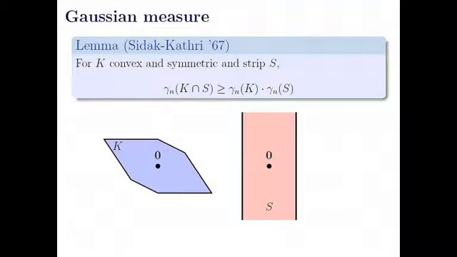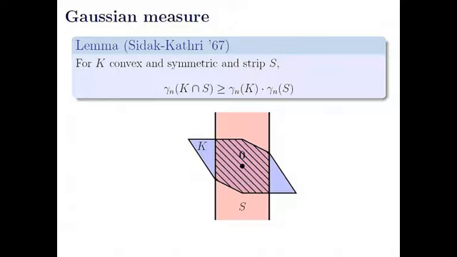Good. On the last slide I implicitly used a nice lemma by Šidák and Khatri, which goes as follows. Suppose you have two sets, K and S, and you know the Gaussian measure of both of them, and you want to estimate the Gaussian measure of the intersection of K and S. The good news is there's an easy lower bound: you just take the product of the Gaussian measures of K and S, and that gives you a lower bound for the Gaussian measure of the intersection.